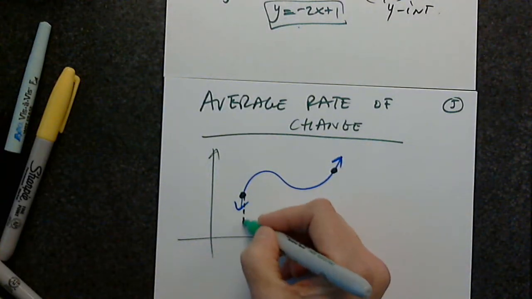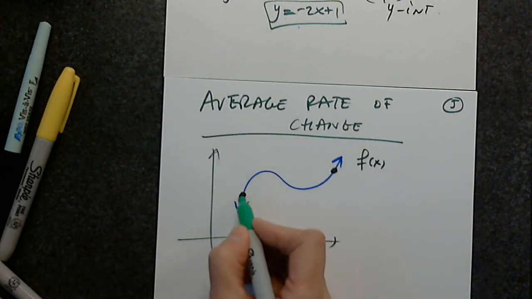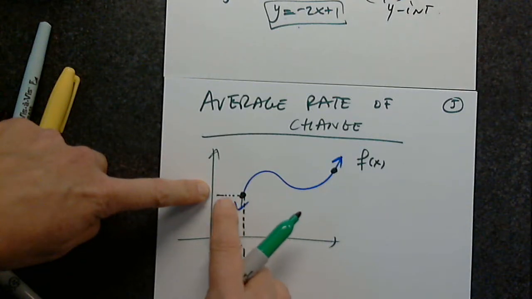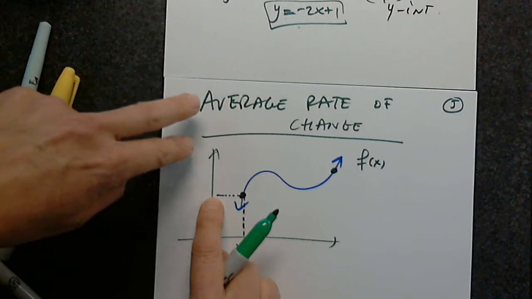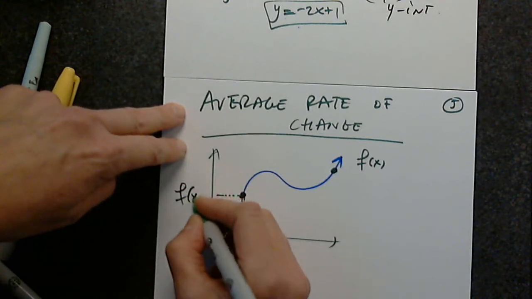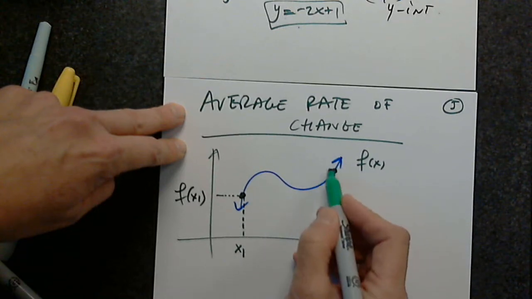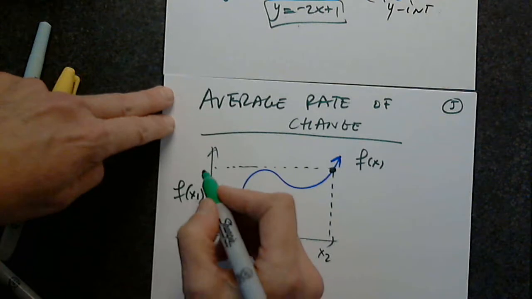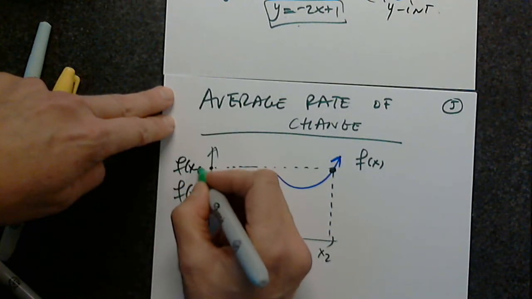I'm going to call this x1. This is our function f of x. Can anyone tell us what this is? If this is x1, what will this be? Very important. That's a super important concept. Thank you very much. If this is x2, what is this? Very important to remember that. What is this value right here? f of x2.